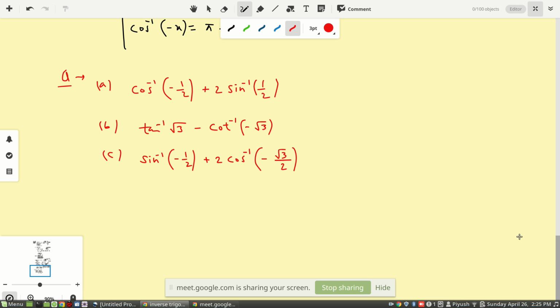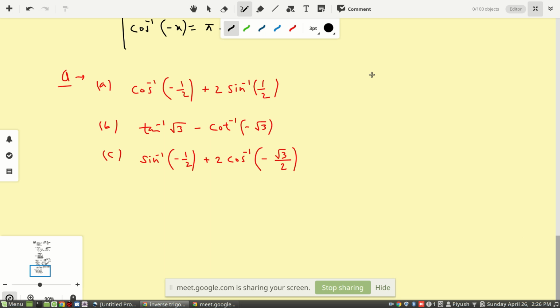Okay, so does anybody have the answer for the first one? I hope you all know the trigonometric values of the standard angles.